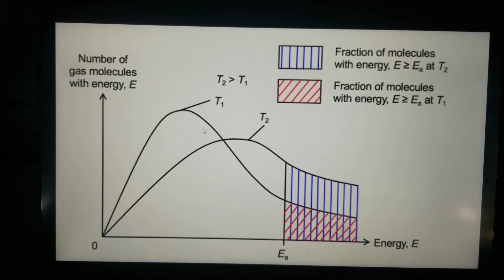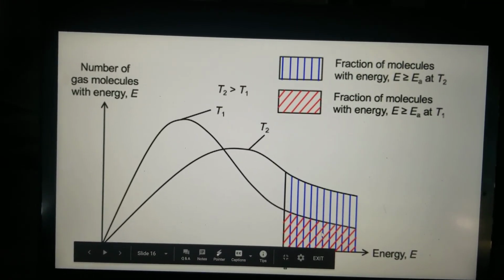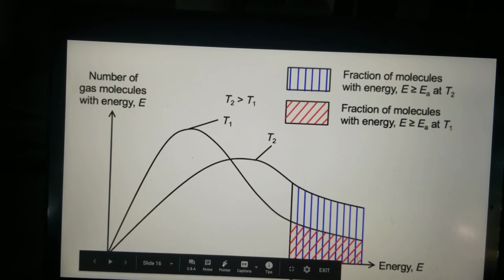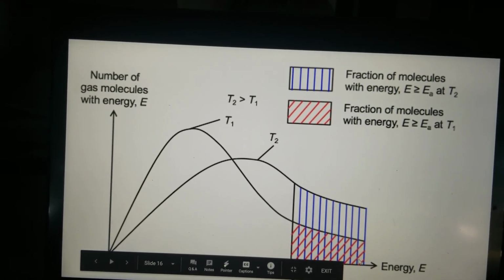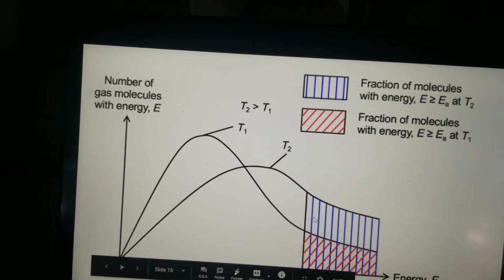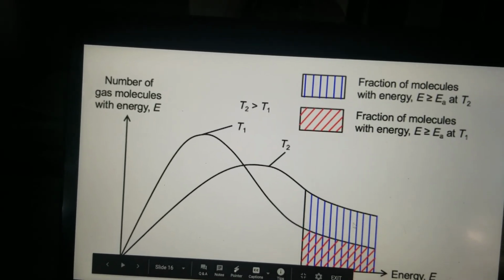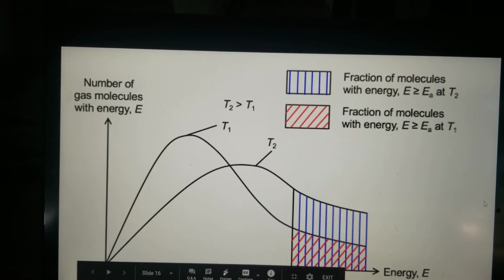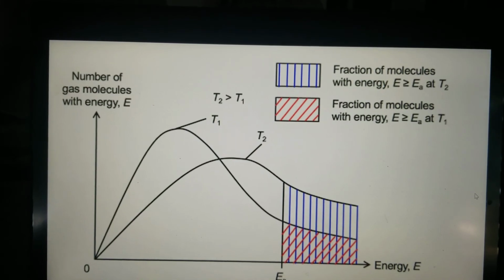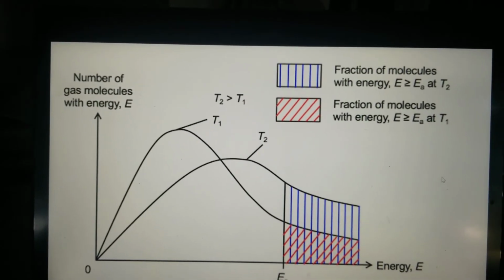Notice that under the T1, the colder temperature, you got the red stripes. That's a smaller area than when you have a higher temperature. And now it includes all the blue and the red, a much larger area with particles that have kinetic energy that will form a reaction.